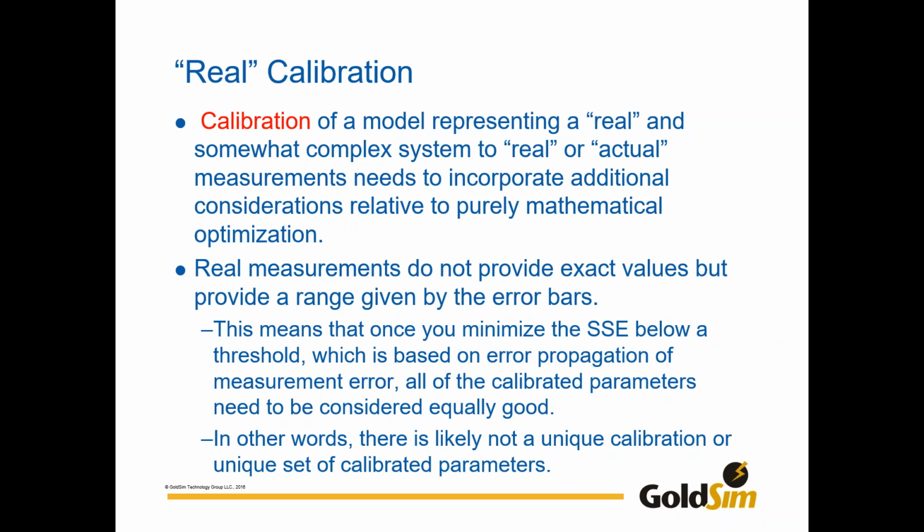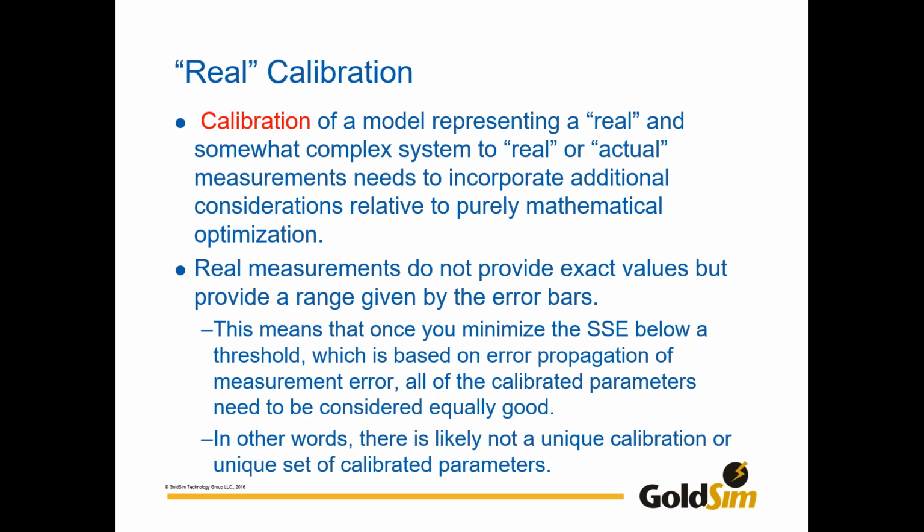Those two considerations give us the sum of squared error threshold, okay? What happens with the sum of squared error threshold is we're going to say we can consider any realization that comes in below that threshold as a calibrated realization.